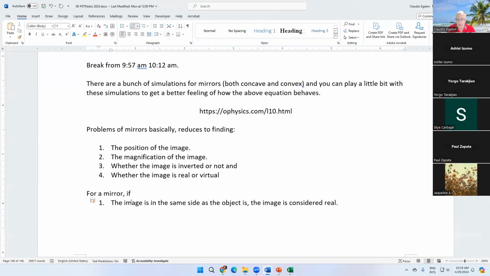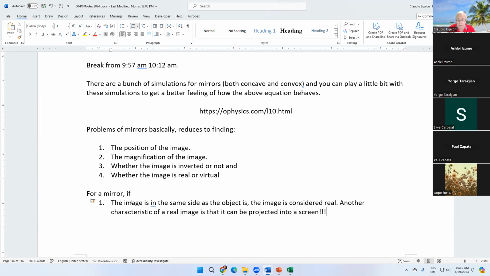Another characteristic of a real image is that it can be projected onto a screen.